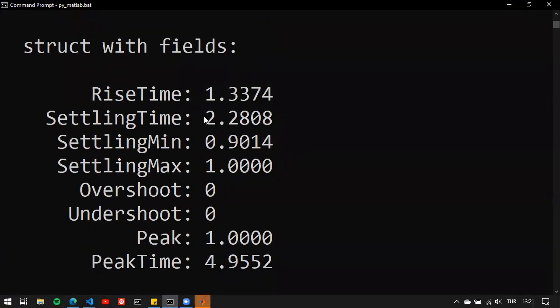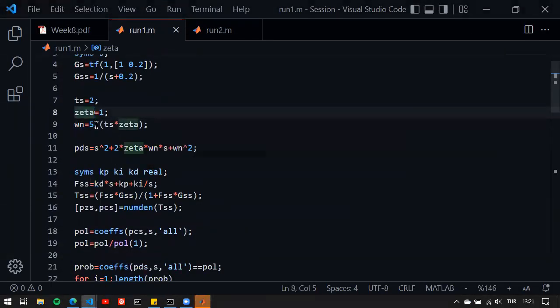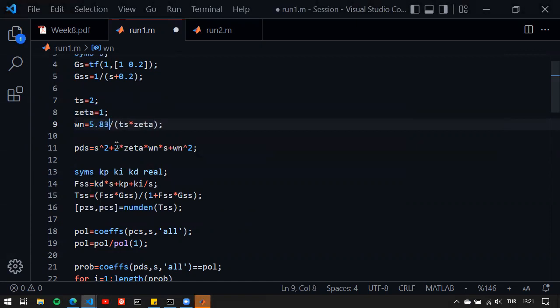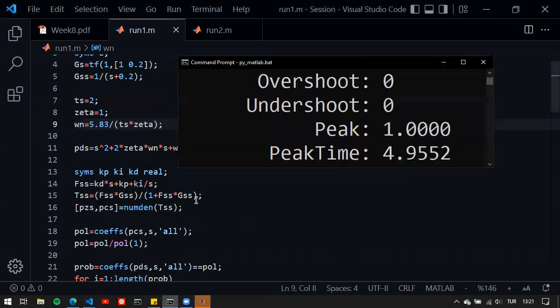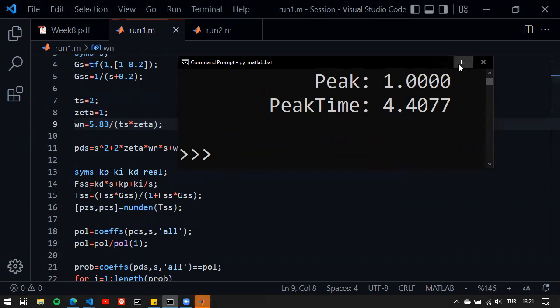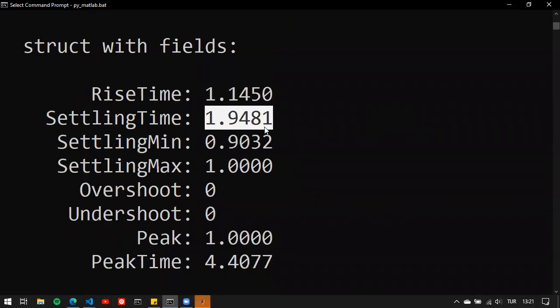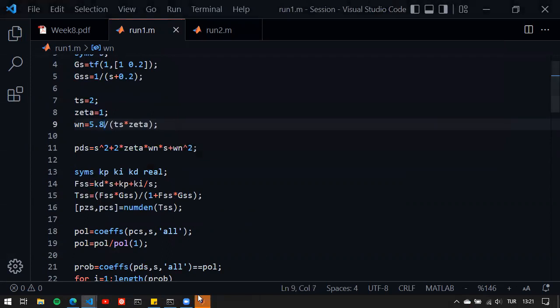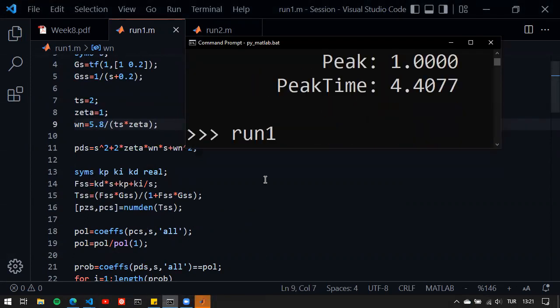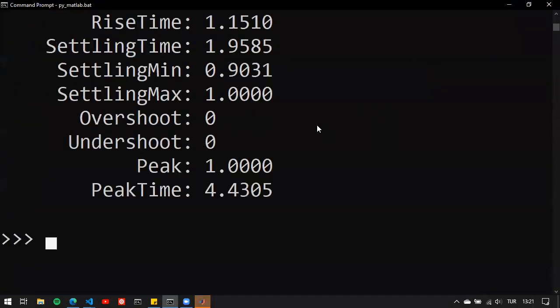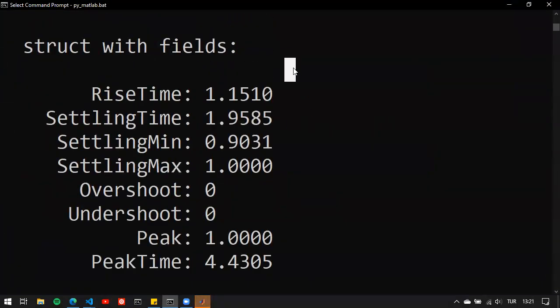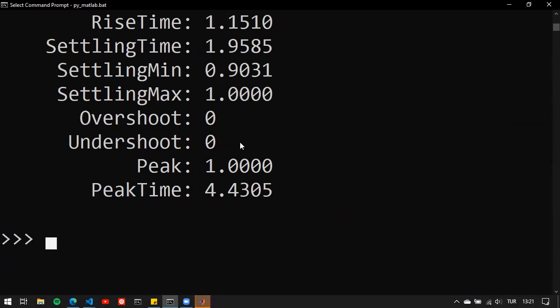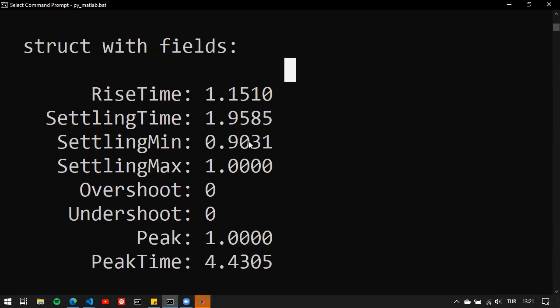So you will get 2.2 if you increase a little bit more, and to be exact 5.83, then you should get almost equal to 2. Maybe decrease it a little bit, increase it. You could just adjust for that. Yeah, you have 1.95. I can go ahead and increase the performance here, but that's not really that big of a deal.